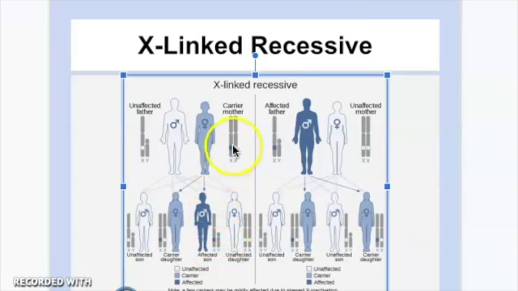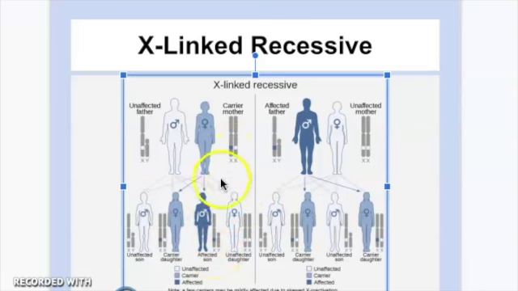Okay? Males only have one X chromosome. So they don't have that fail-safe, is what I'm going to call it, of having a second X. They can't rely on getting a second, like, unaffected allele.